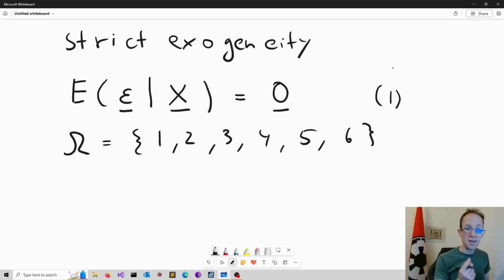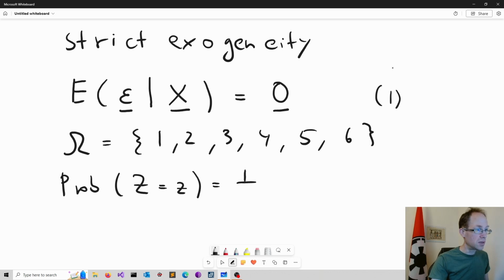Thus, Z is a discrete random variable. If a dice is fair, each outcome, each state, has the same probability. So we can state the probability of Z taking a value z is equal to 1 divided by 6, and z would be an element of my state space omega.